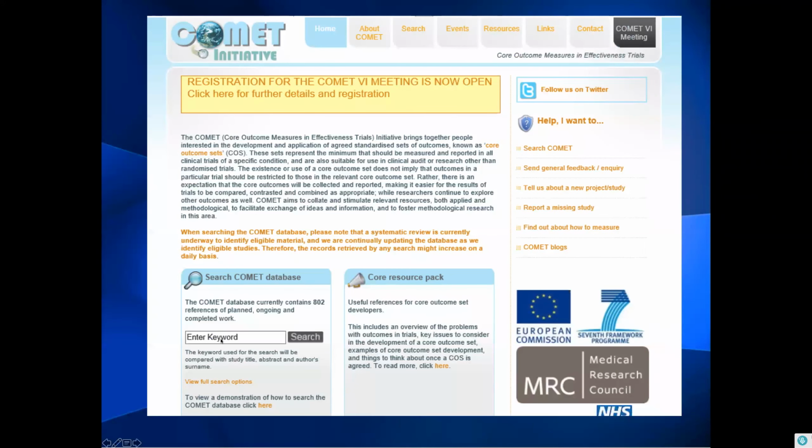So you can search the COMET database for completed and ongoing core outcome sets. So you can see that it currently contains 802 references to planned, ongoing and completed work. But it's reasonable to suggest that most areas of healthcare still have an urgent need for the development of core outcome sets within that particular space.